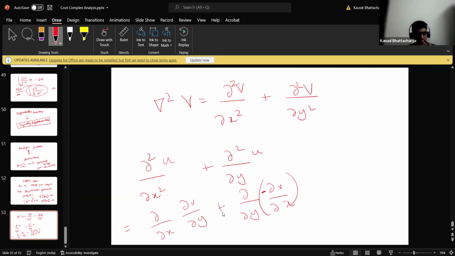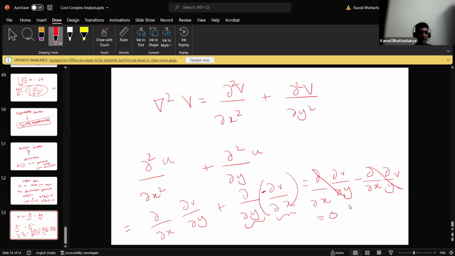And using this very famous theorem from multivariable functions, you can swap these partial derivative symbols, so you can write this out as this. You see that these expressions are the same and they cancel.